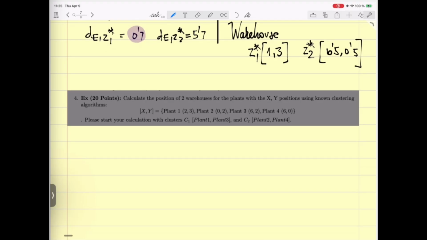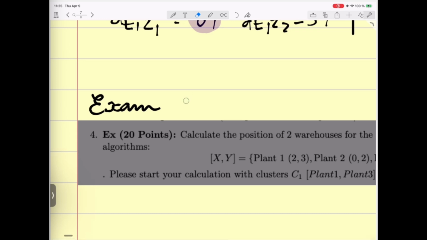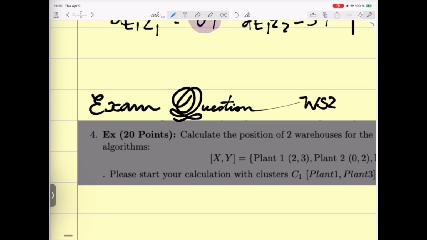So this was an exam question. Exam question. Winter semester 24-25.